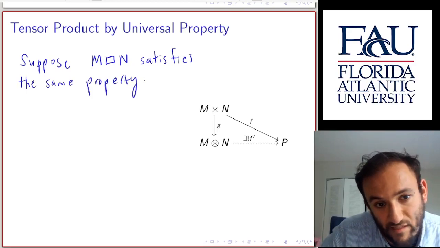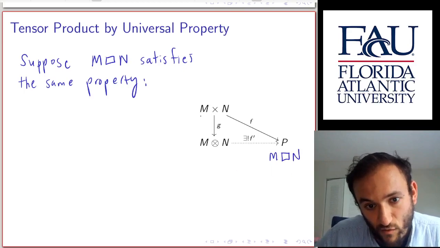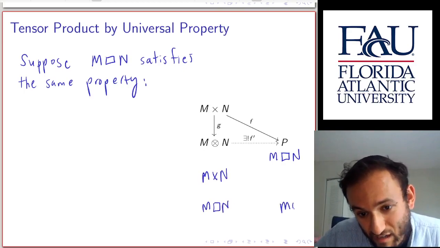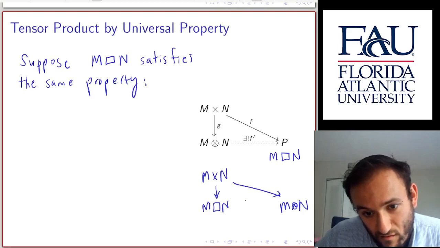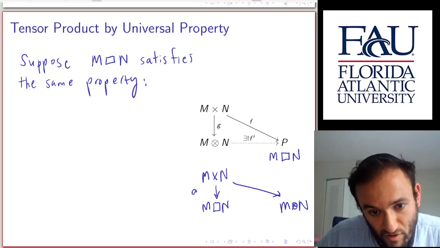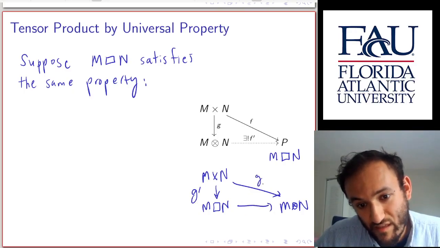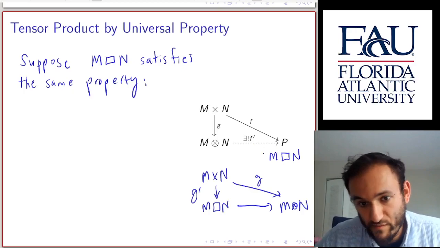M square N satisfies the same property. Well, then that means that I can copy this diagram, put M square N here and M tensor N here, and this tells me that, okay, so let's say there's a G prime for M square N. So this diagram tells me that each of these forces a unique A-module homomorphism here.